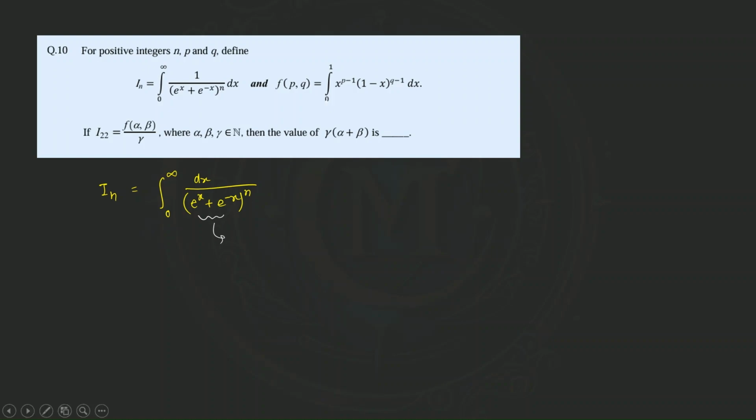So we have to compare these two integrals. Let us proceed with this integral first. We have to somehow convert this into this form. We can see here that if we go by trigonometric substitution, we will get benefited, because the second integral is related to trigonometric terms.